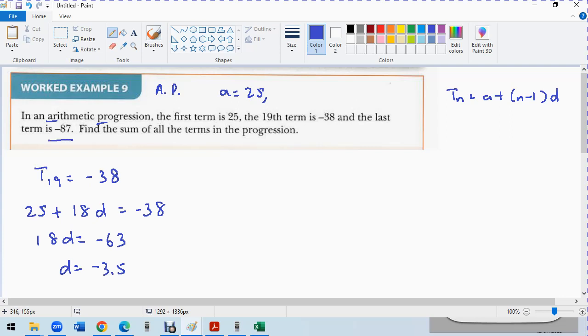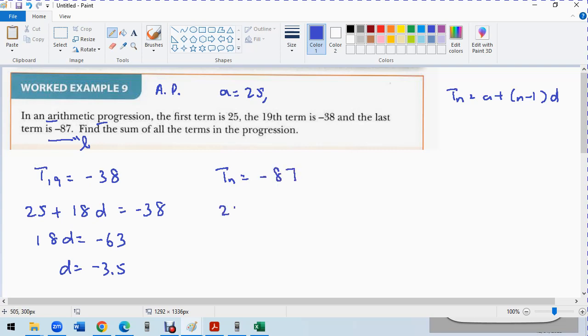Okay, so the last term is negative 87, so l equals this. We have a is this, d is this. The nth term, negative 87, is the last term, so Tn equals negative 87.